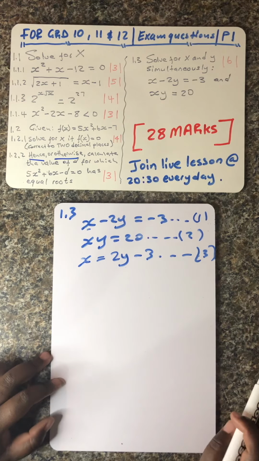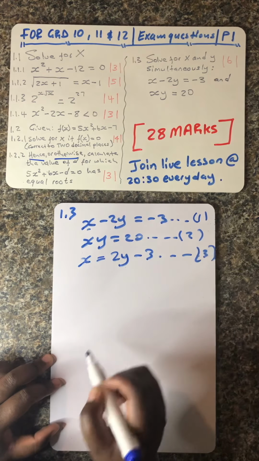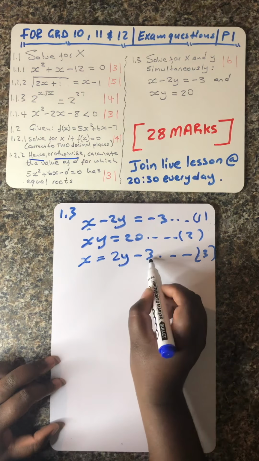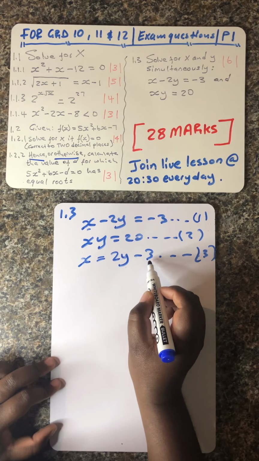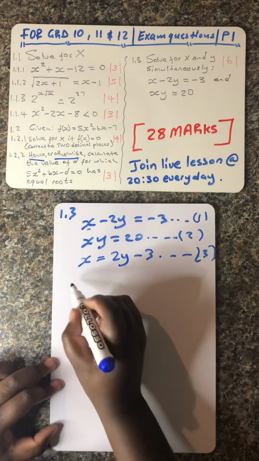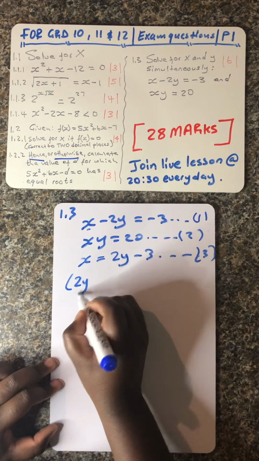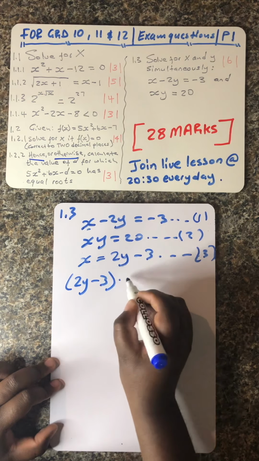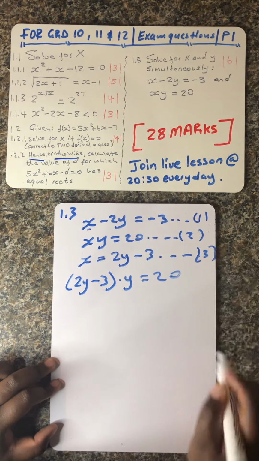Now, because you've got the third equation, we substitute it into the second equation. Where we see x, we substitute 2y minus 3 multiplied by y, equals 20.